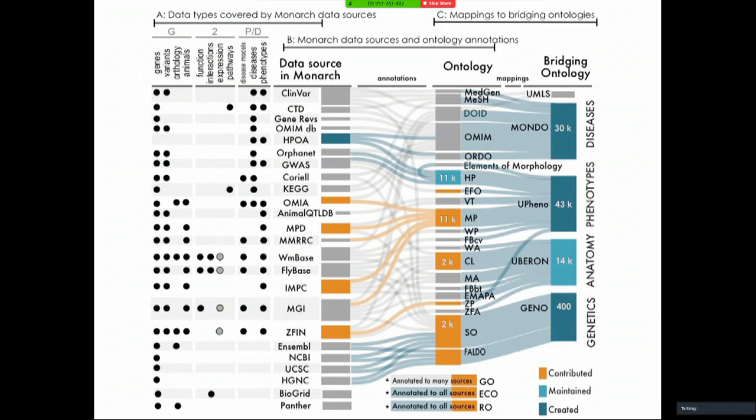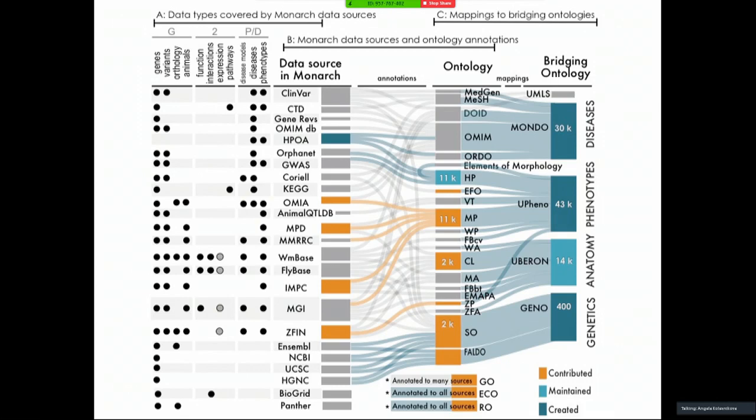So we're using that logic-based approach to integrate data across many different genotype and phenotype sources that are both clinical as well as model organisms. Up here we have many different types of genotypic information, so it could be genes or variants. We have many different types of associations, only a few of which are shown here, and many different types of phenotypic data or disease data. This is just a few of the sources.